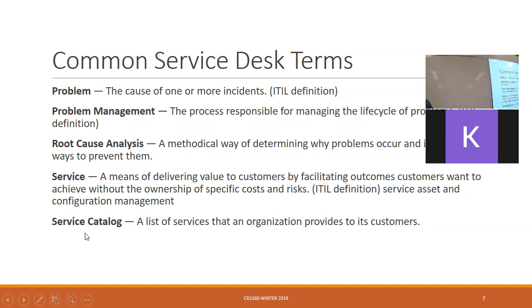And so we have this idea of a service catalog as well. Now, the service catalog, you've used the word catalog before, I'm sure. You can pick from a bunch of items and you see this is what you get and this is what you pay. And so I mentioned yesterday in the lesson that we would be talking about service level agreements, and you'll see in the notes today that we have a slide which shows an example of a service catalog, and then right after that we talk about service level agreements.